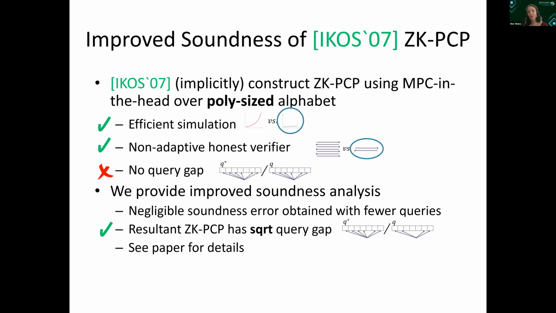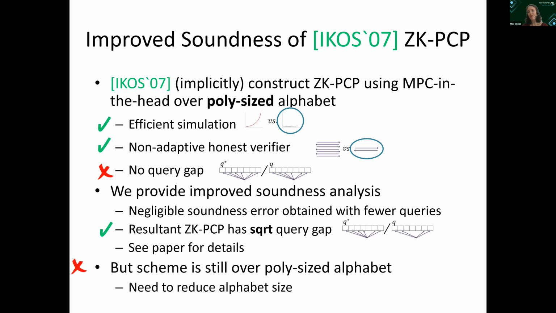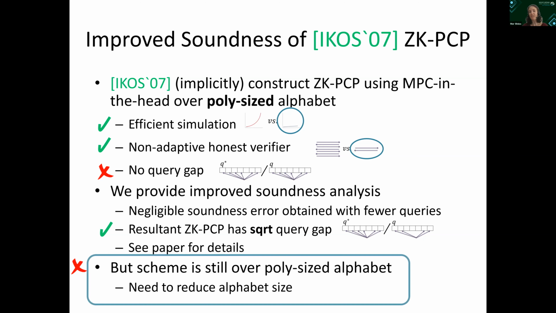So now with our improved analysis, the ICOS zero-knowledge PCP has efficient simulation with a non-adaptive honest verifier and a query gap. It seems to be what we want, but it's over a large alphabet, and this is problematic, as we'll see in a minute. So we need to reduce the alphabet size and somehow get a proof that is just a bit string. And this is what we're going to do next.